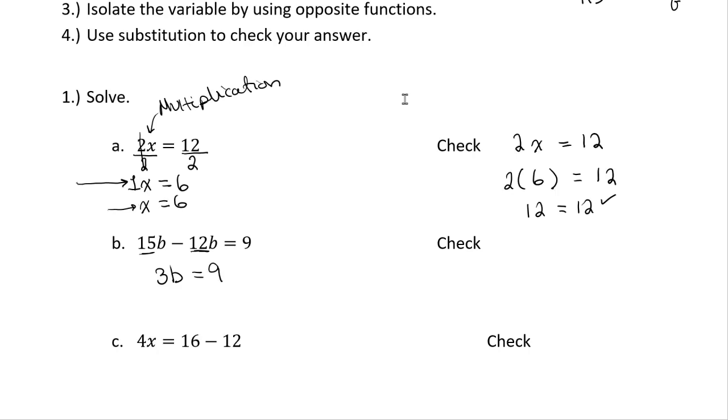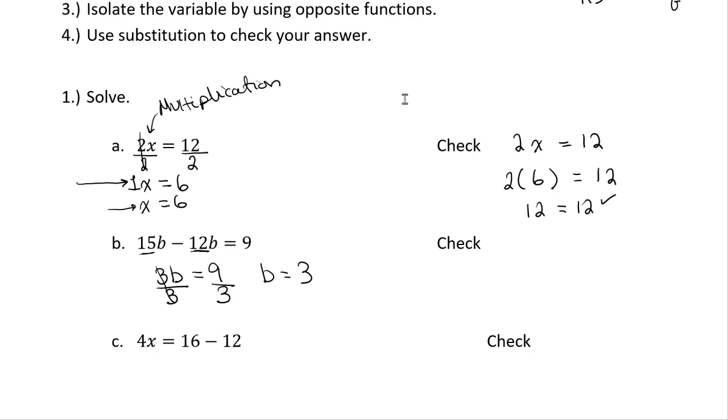3 sitting next to the b means multiplication. So to cancel multiplication, I have to divide. So I'm dividing by 3 to cancel it. And whatever I do to one side, I do to the other. So that goes away, and I get b equals 3.